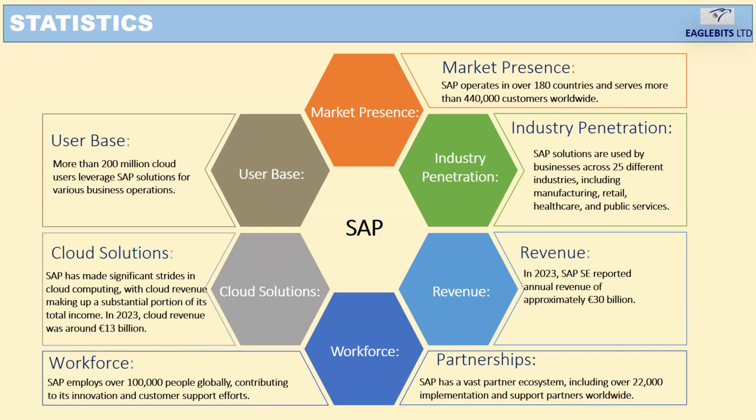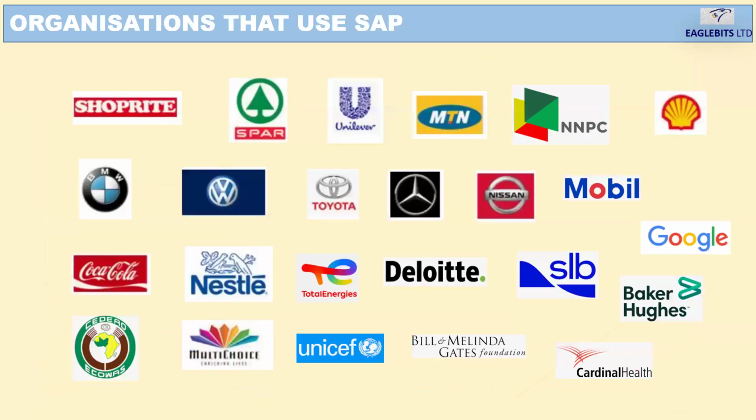So that's just a little statistics, just to whet your appetite a little bit. There is great prospect going into SAP, as we can see. Some organizations that use SAP, we have ShopRite, MTN, Shell, Toyota.